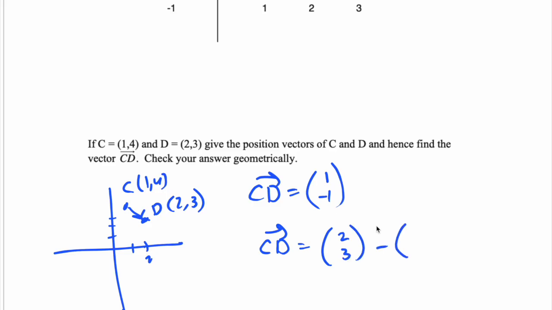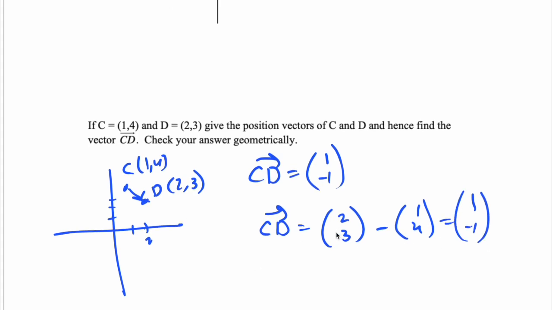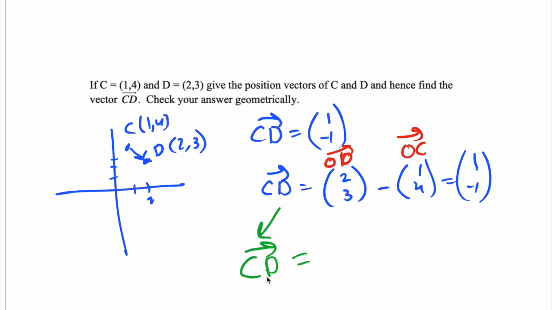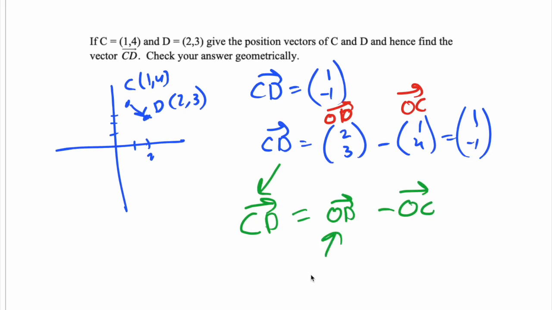We'll just do 2, 3 minus, if we change this to a position vector, 1, 4, which gives us 1, -1. So what we did there is OD minus OC. Whenever you have a vector, for example CD, you can take the second one minus the first one, because the second one's where you stop and C is the beginning. So this is equal to OD minus OC. Sometimes we call it head minus tail.